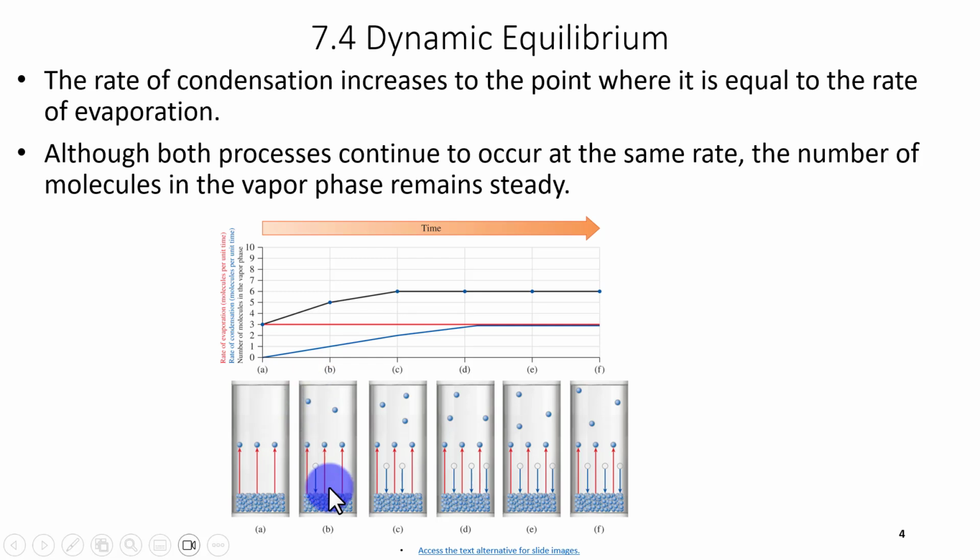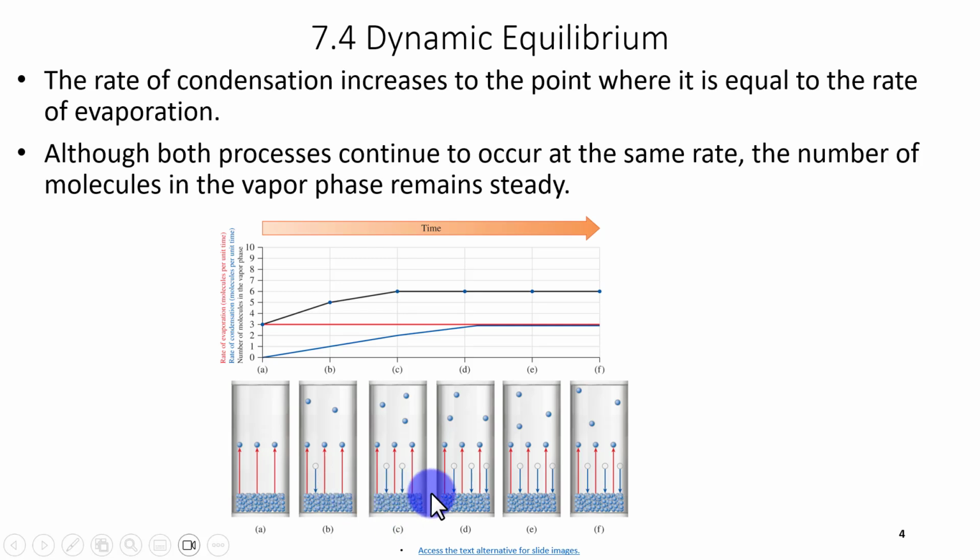Now, what is also happening is that the more molecules that escape into the gaseous phase increases the number of molecules that are now in the gaseous phase. So you can imagine, as I'm increasing this number, one of them might get close enough to these liquid molecules to lose that energy as it's moving, or it collides with the particles in the liquid and gets sucked back into the liquid phase, right?